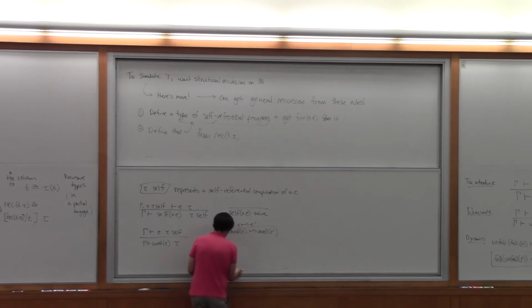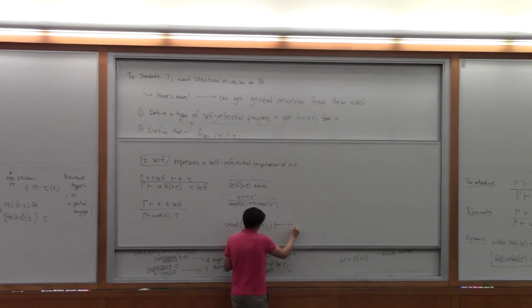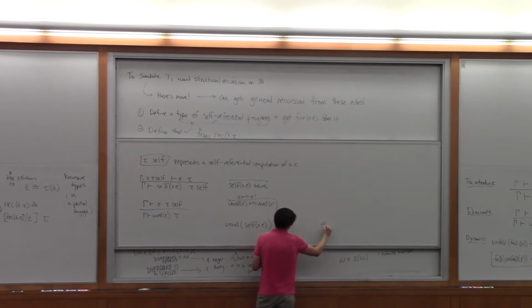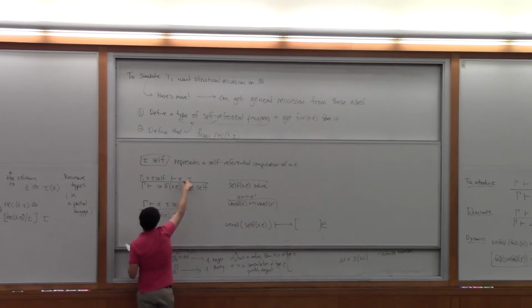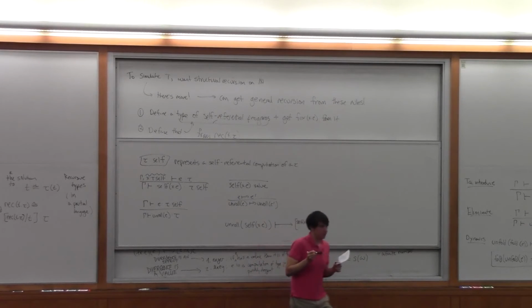And then the main rule is that if you unroll a self-referential computation, then what do you do? Well, above the line, you have a tau, but it requires a self-referential computation. And of course, what you do is you plug in yourself as the recursive call.